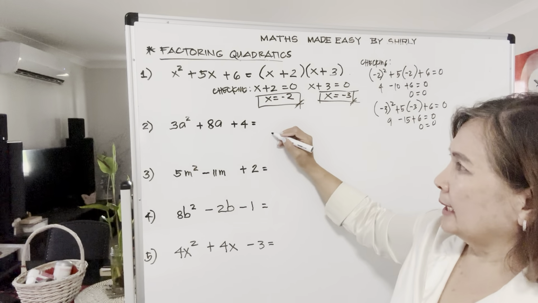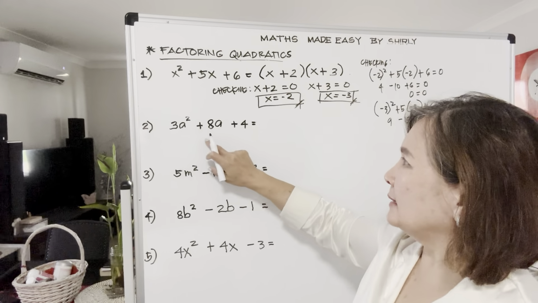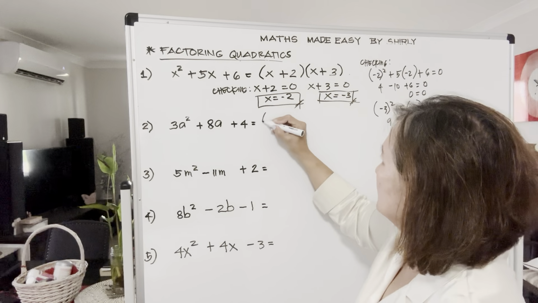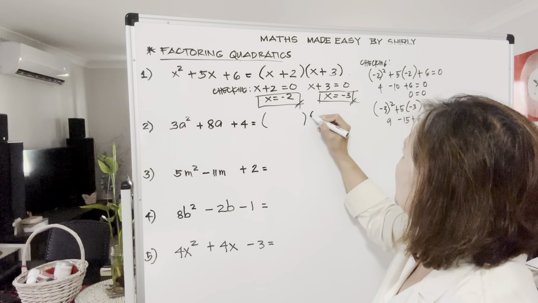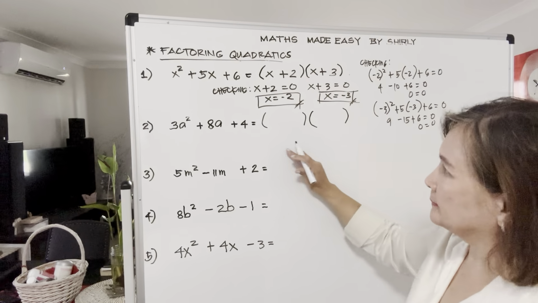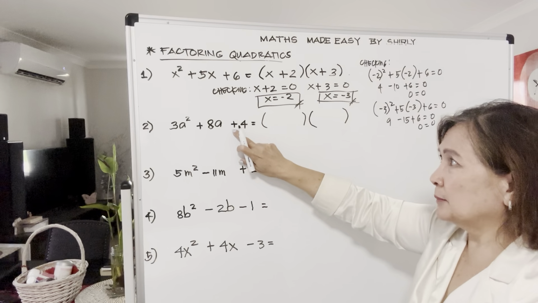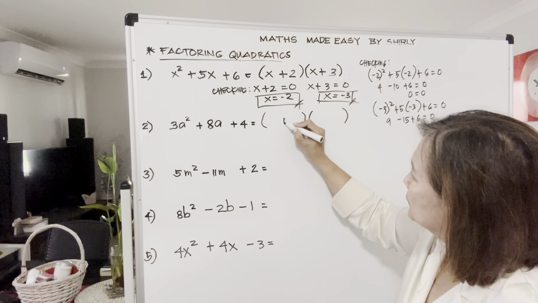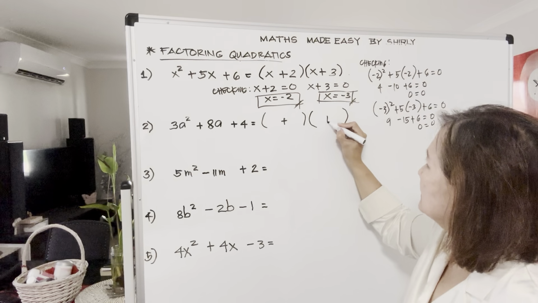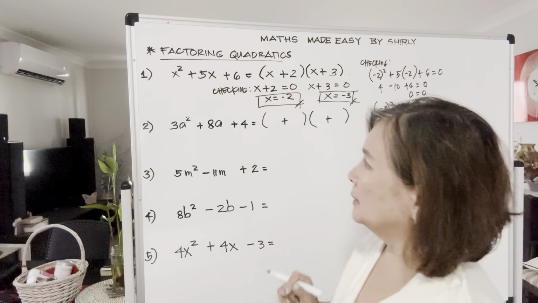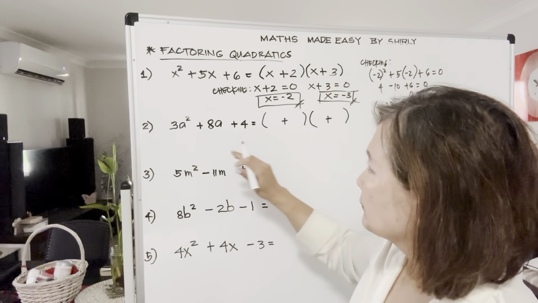We move to the next quadratic. We have 3a squared plus 8a plus 4. Again, we will have two binomials here. Checking the last term, which is positive, we again expect that the two binomials are both positive. Now, this is the challenge.